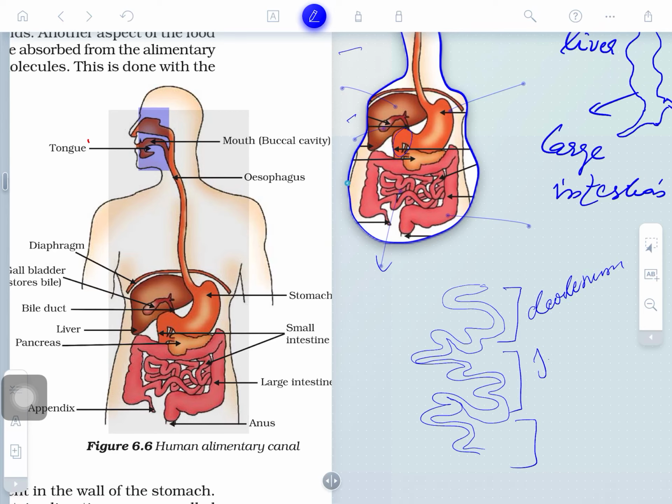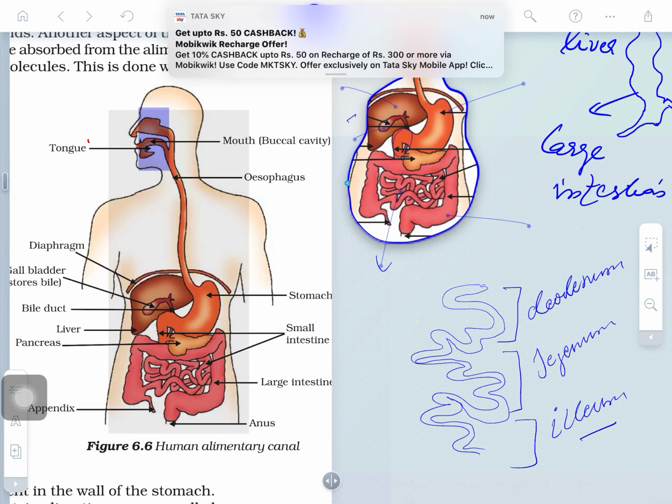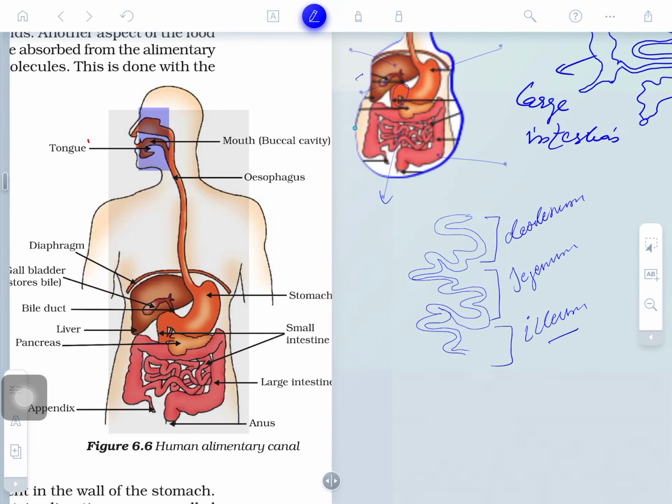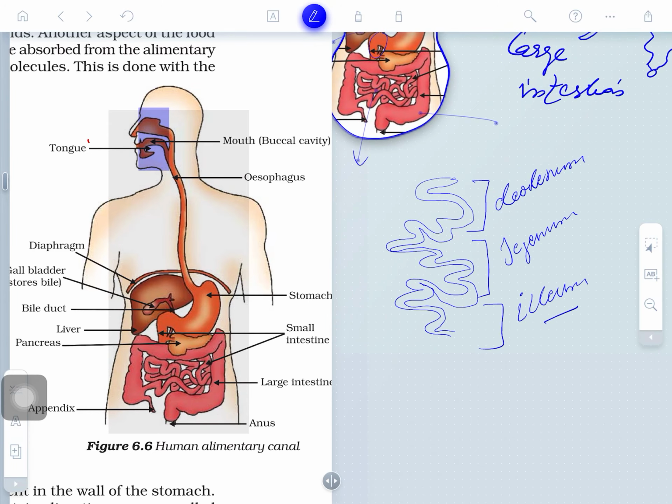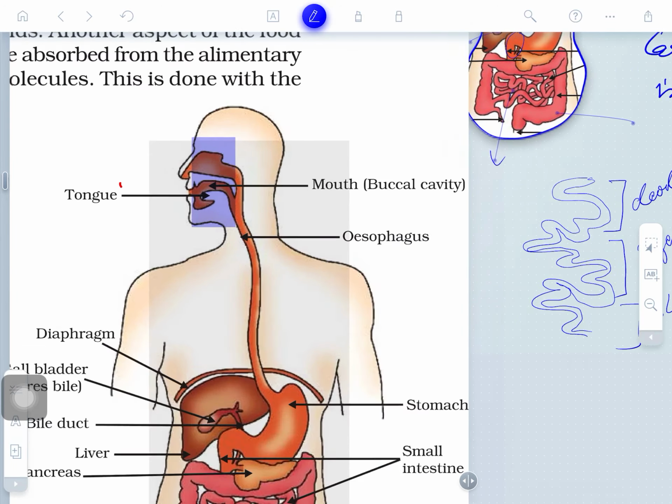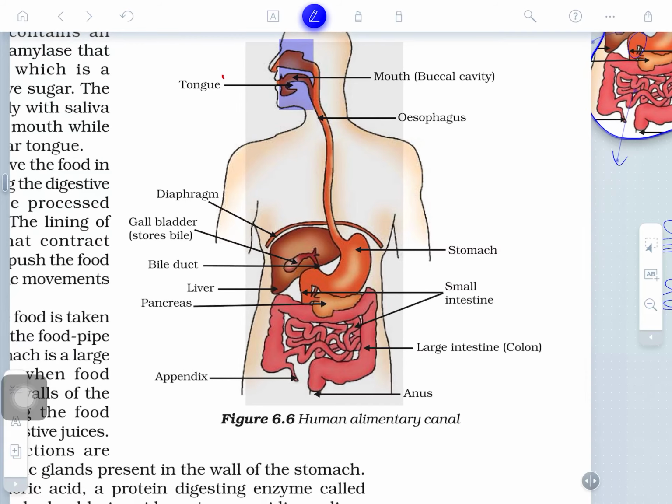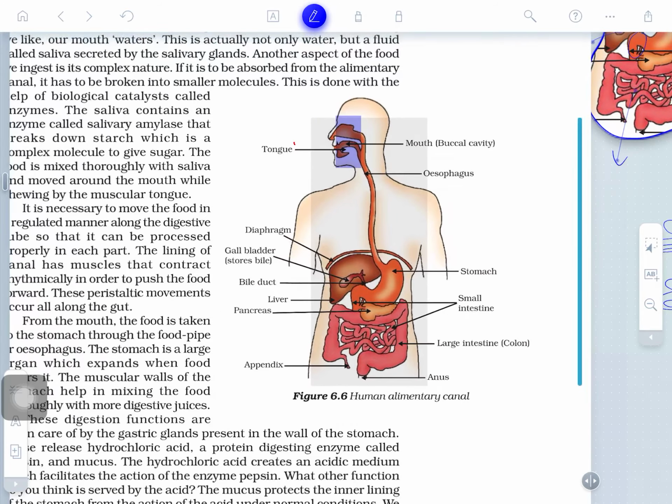The three portions are there. The functionality of the small intestine is different in each. So all these organs and tissues together perform the process of digestion in humans.